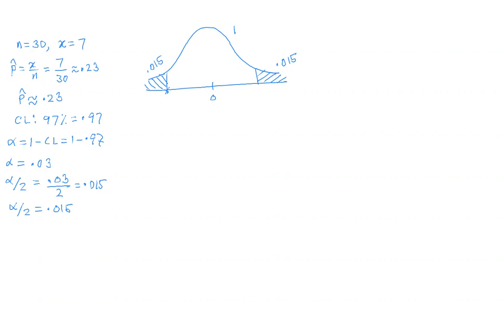It's important for you to know how to do this. By now, you should be very proficient in finding these values. So 0.015, what Z value does it give you? Remember, 0.015 is the probability. So sometimes you are given the Z score, and actually most of the time you are given the Z score, and from that you find the probability.